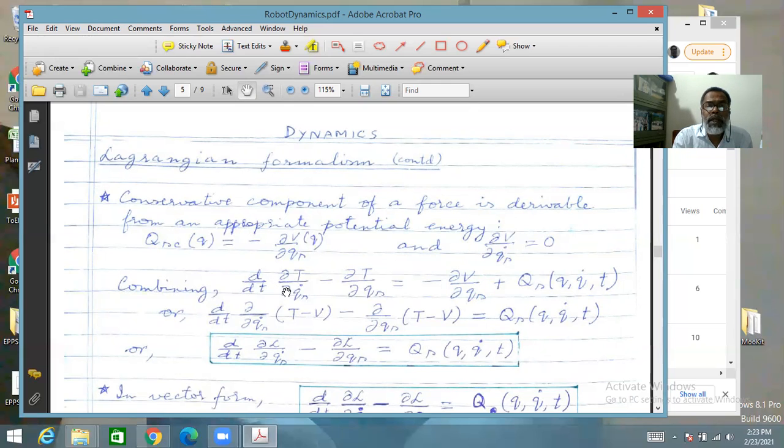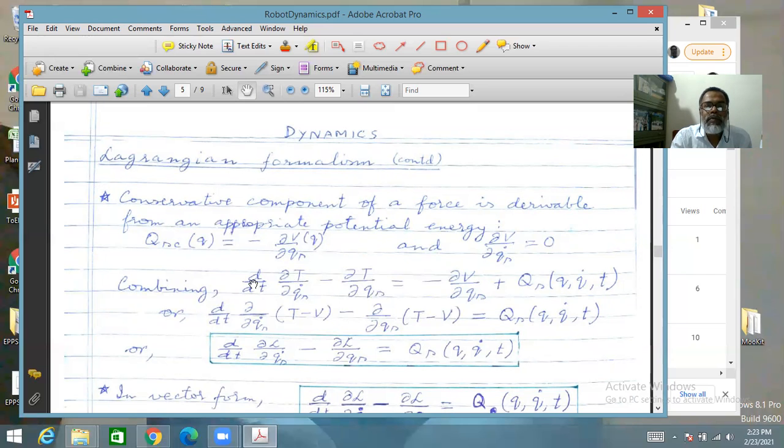And then the left hand side we reduce to this, the right hand side, which was this thing plus QS, the non-conservative part. So in place of the conservative part, we put this. And then if we take it on this side, then here we will have del by del QS T minus V. Okay.